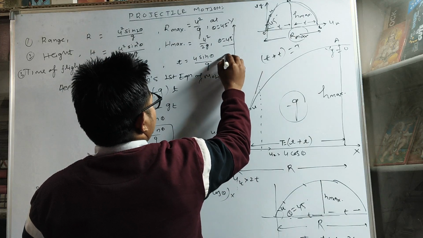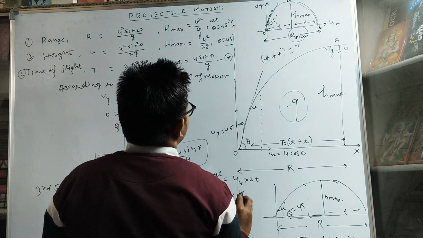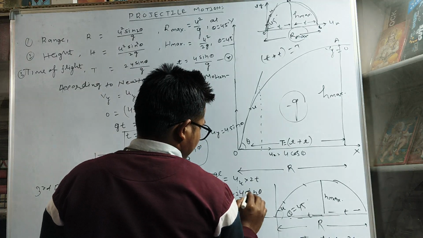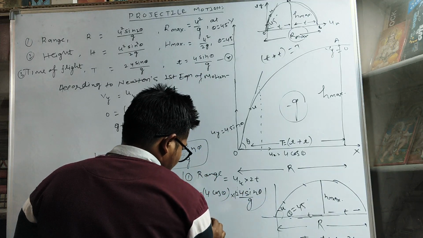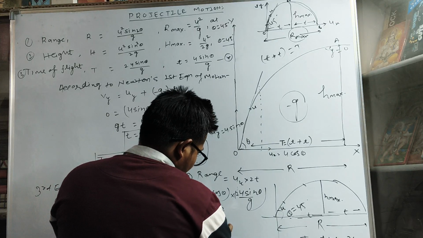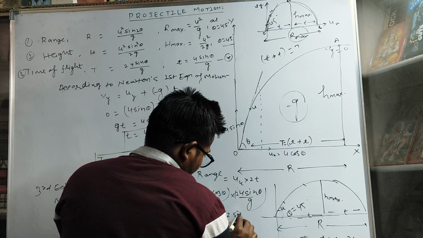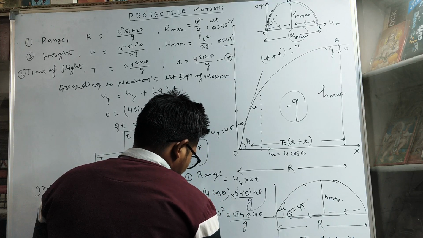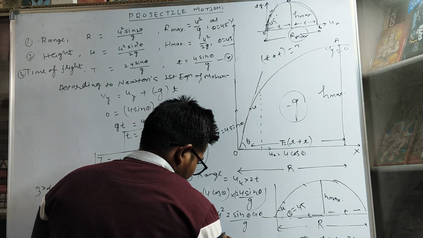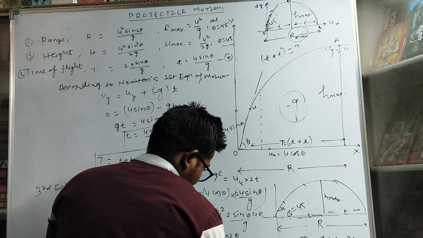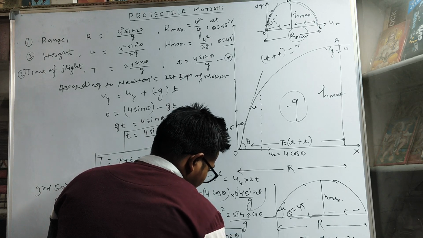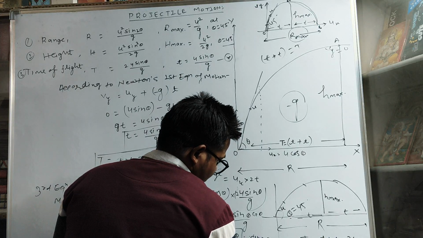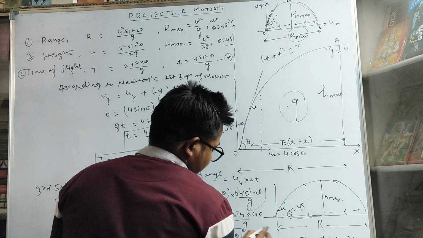From star we can say it is 2u sin theta by g. So R equal to 2 u square sin theta cos theta by g, R equal to u square sin 2 theta by g, because the formula of sin 2 theta is 2 sin theta cos theta.